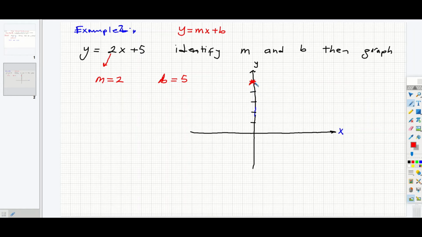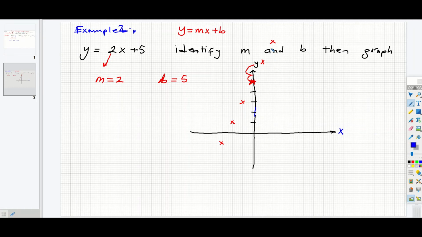Slope is 2, so I'm going to move up 2 units, then run 1. The next dot will be here, and another next dot here. If you go with the same pattern backward, it's going to be here, here, and so on.